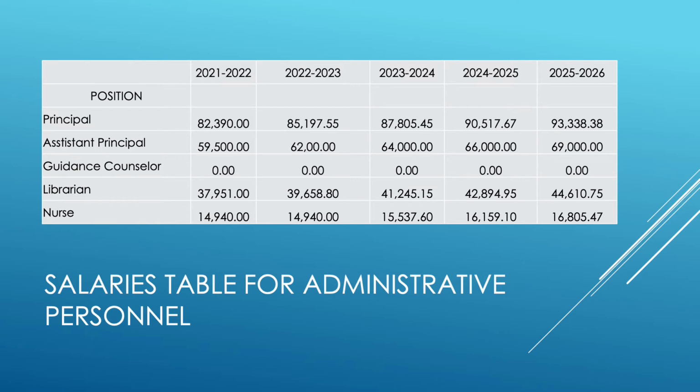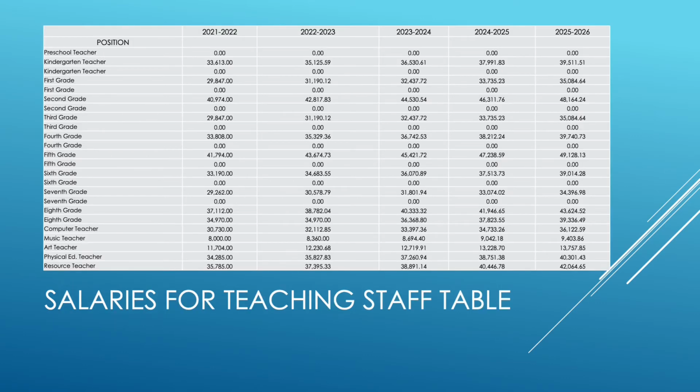But what you need to see is what the salaries are for each one of these positions, and what you are anticipating those salary increases being as you go farther down the road. Teaching salaries.